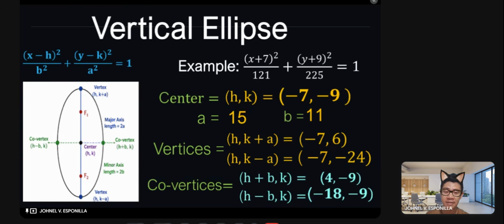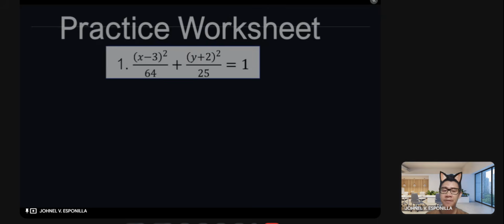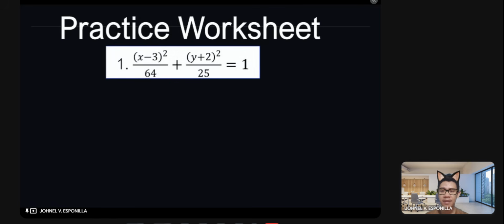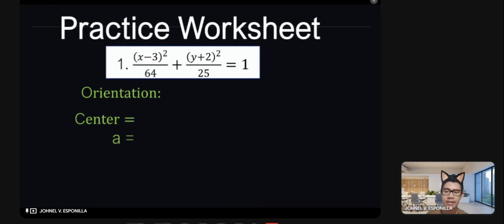Since okay na tayo sa vertical and horizontal, let's proceed to the practice worksheets. So for the first round, so ito yan. Number 1, ang gagawin natin is to identify the orientation, the center, the A, the B syempre, the vertices, and the co-vertices.